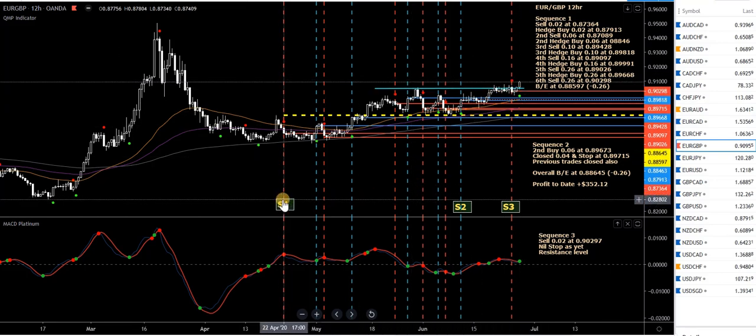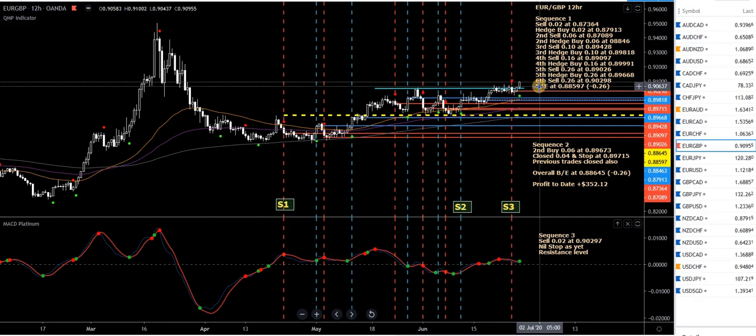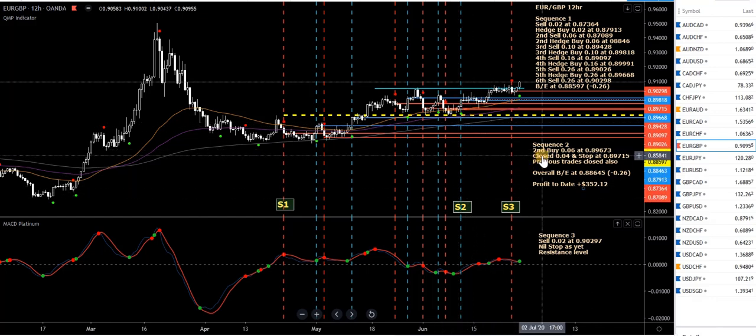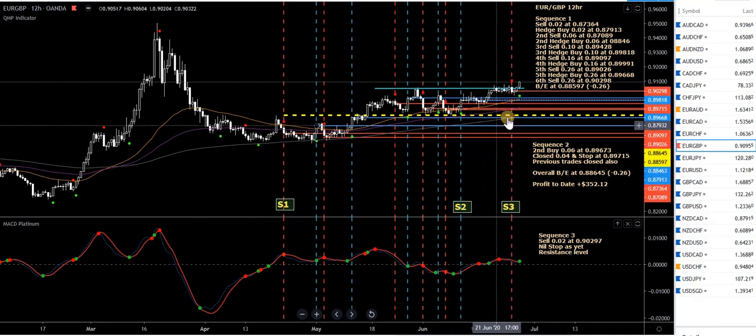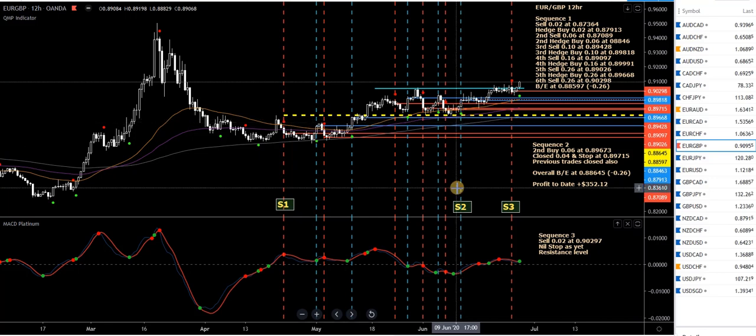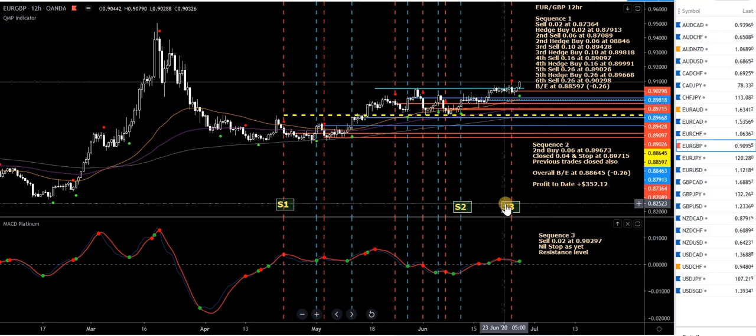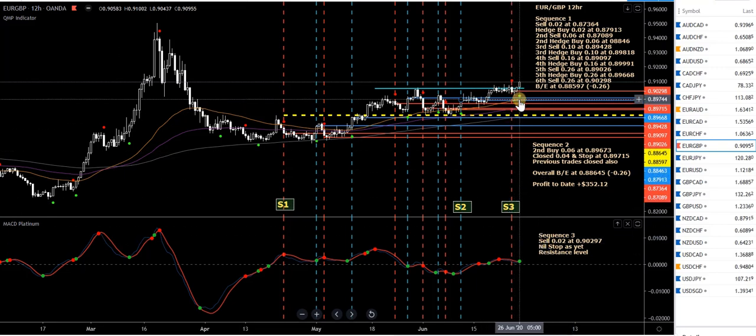So I'll come up with a plan, sequence 1, break in. So I'm going to have to take a hedge on sequence 1. And sequence 2 is a buy. I've got stop in place. So sequence 2 is a standalone buy trade with a stop in place. That's that red dotted line you can just see between the two blue lines. And sequence 3 was a sell. I'll have to take a hedge sell there. So that's what I'll be doing on Monday.